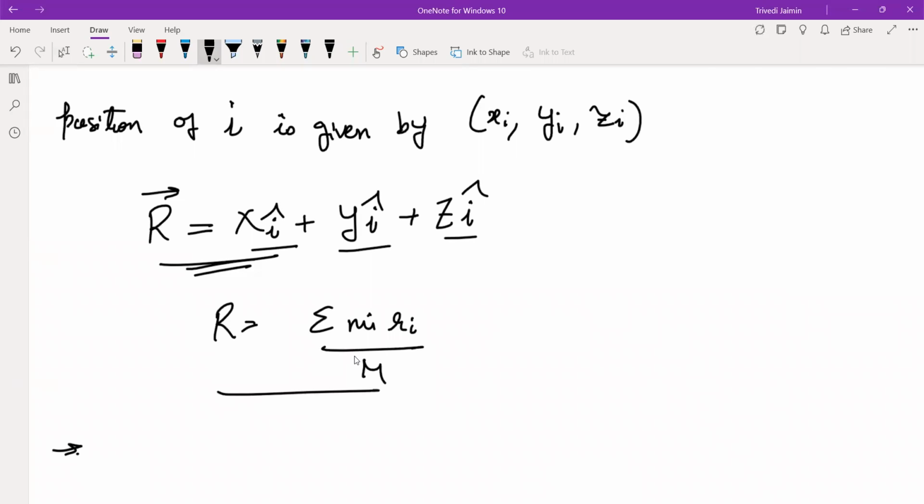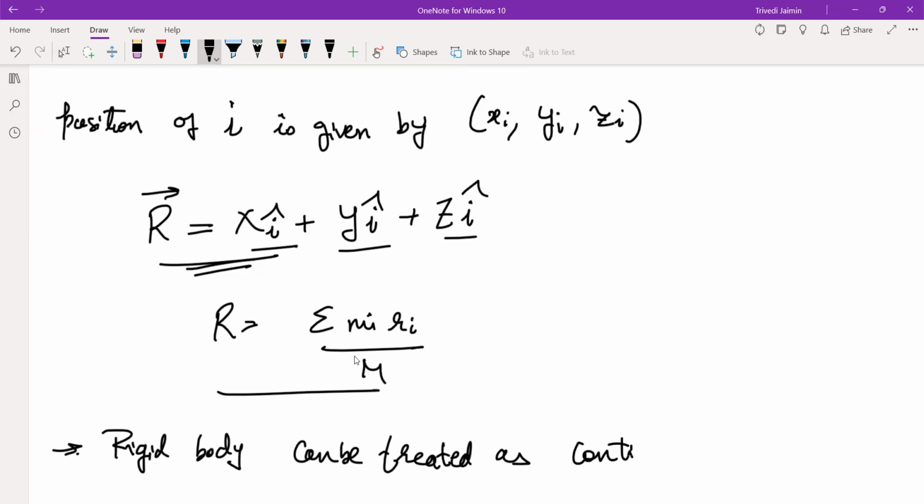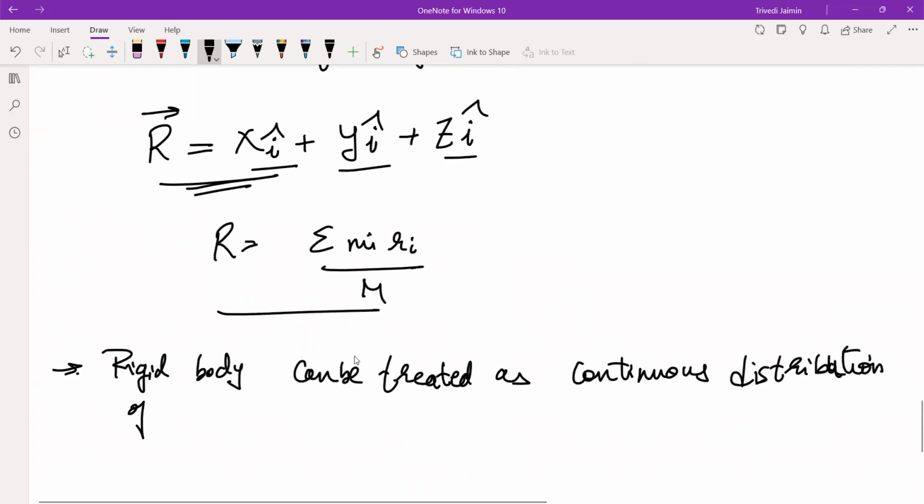So we can say a rigid body can be treated as a continuous distribution of mass.